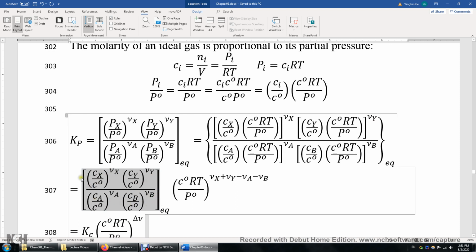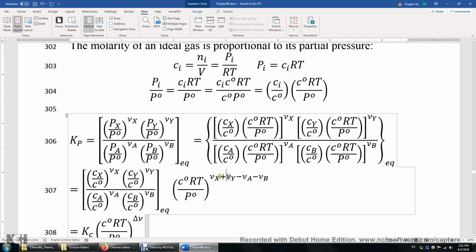So this is K sub C, the equilibrium constant of concentrations or equilibrium constant of molarity. And then we see there's a common factor, C0 RT over P0, here and here. So it appears in 4 different places.